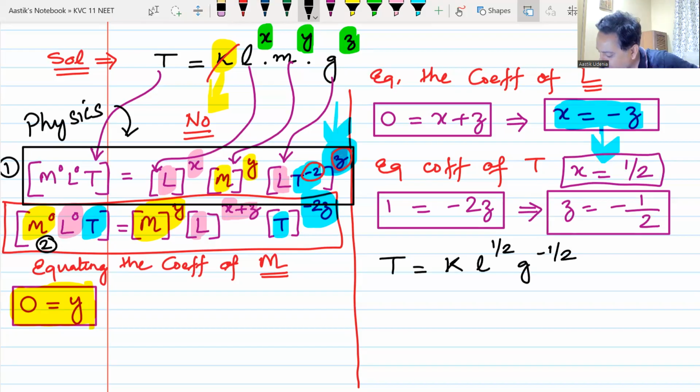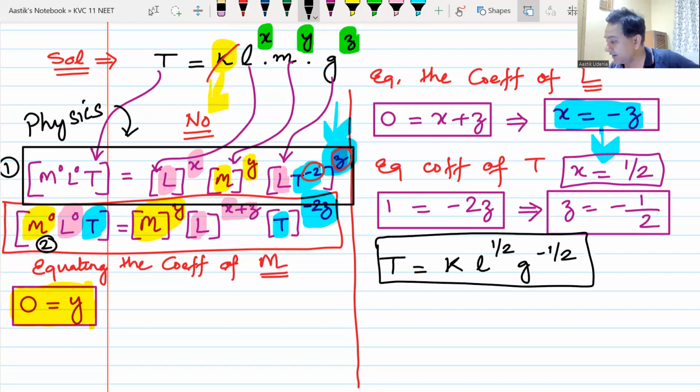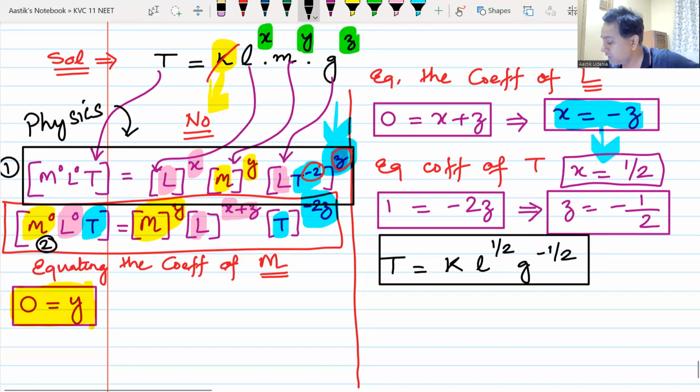This formula that I get is not an actual formula of T because k is missing. I will call this a possible formula of T. Do we understand this? Yes, sir.